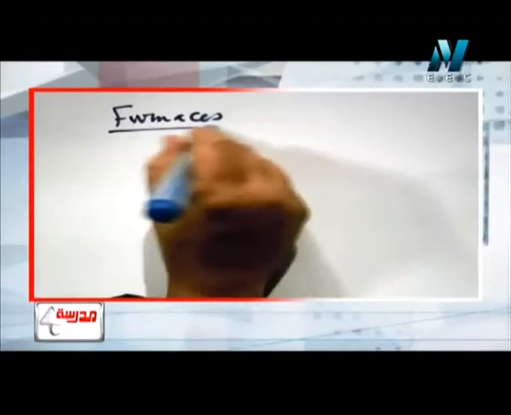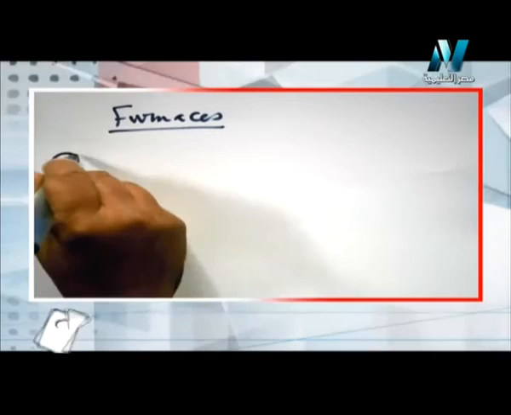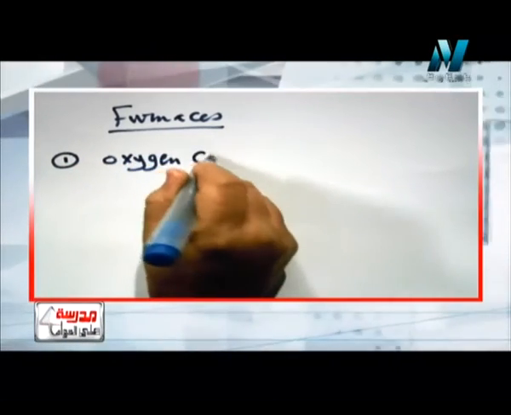What are the types of furnaces used to get steel? We have three types of furnaces for producing steel. Number one, an oxygen converter.